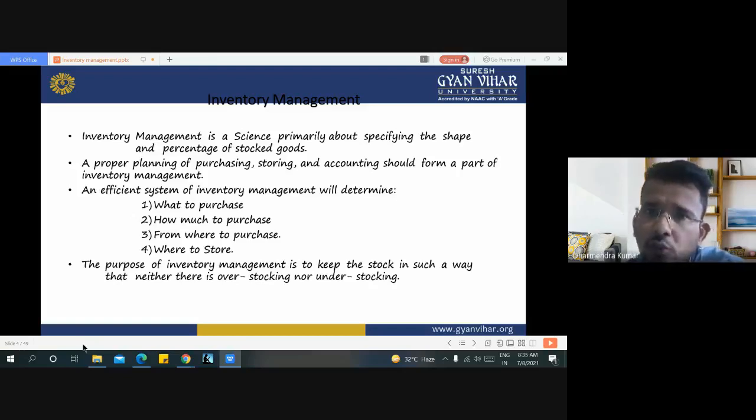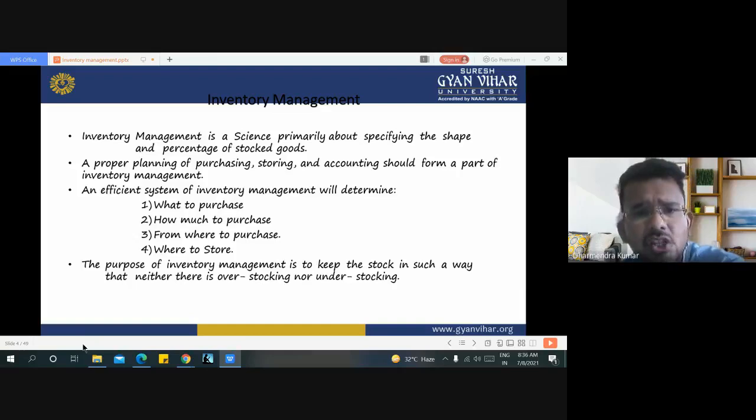Inventory management also confirms the overall stock of finished goods so that the customer doesn't face the stock out problem. A proper planning of purchasing, storing, and accounting should form a part of inventory management. It overall regulates the purchasing of raw material, machines, spare parts, and storing of all the above.